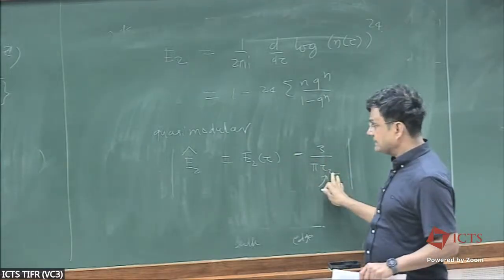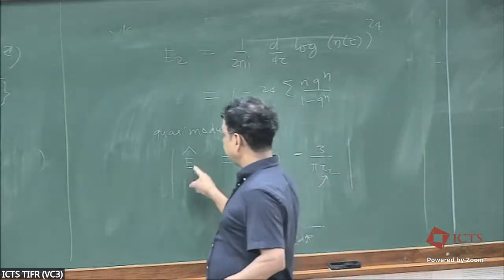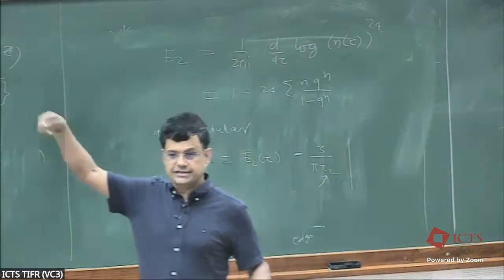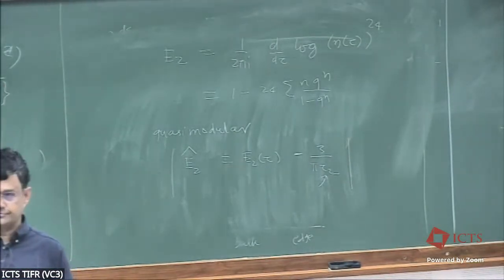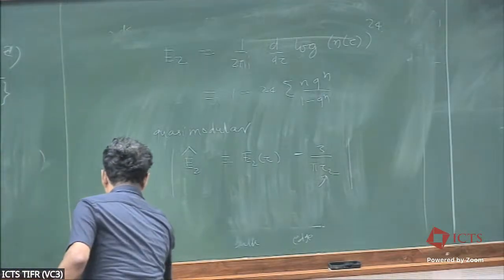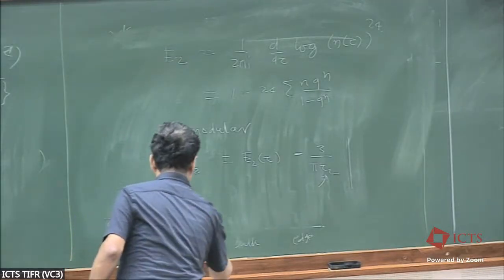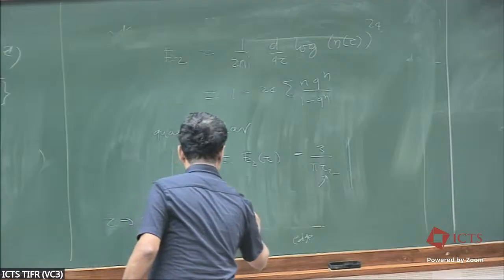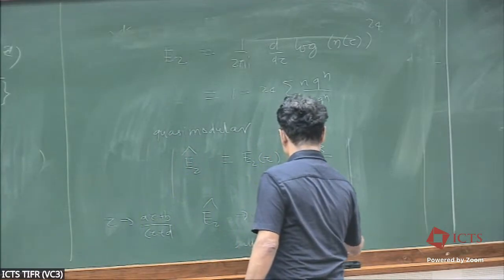But once you add this, it transforms like a weight 2 modular form. So under tau going to (A tau plus B) over (C tau plus D), E2 hat goes to (C tau plus D) whole square times E2 hat.